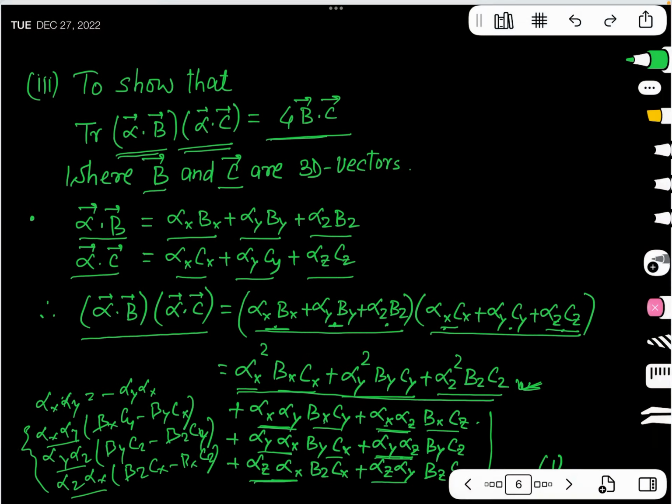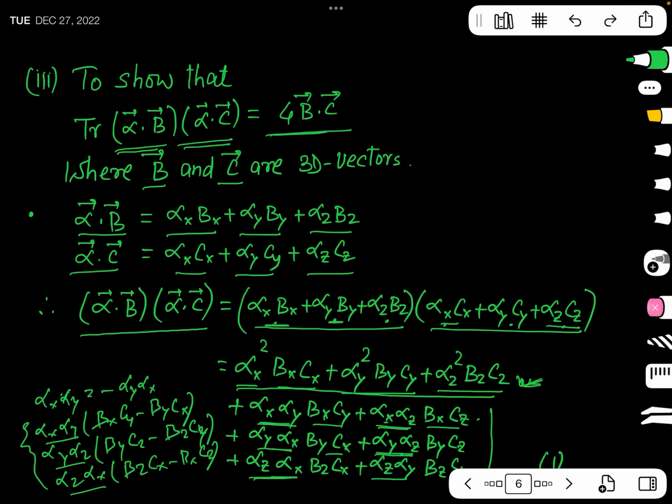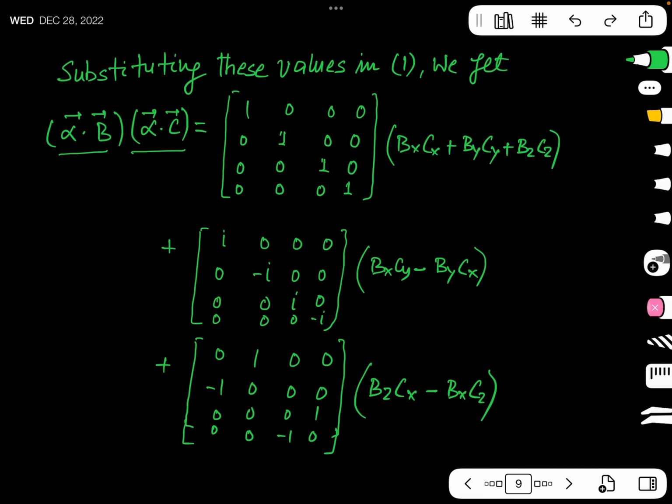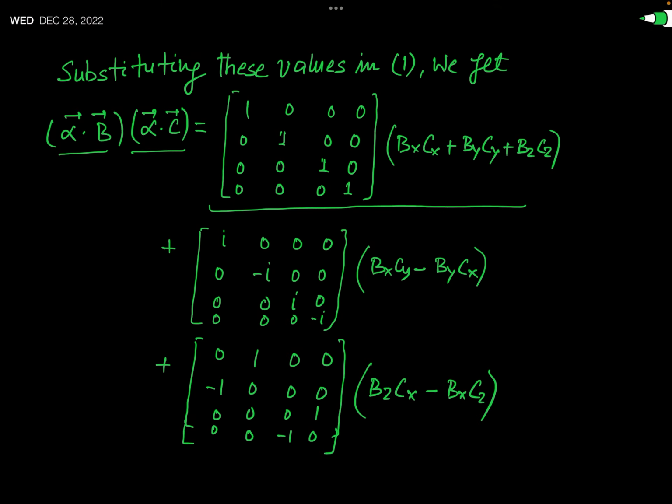Again the page has been turned. So just wait for a while. Okay, now see. What will be the first term in the RHS? It will be this matrix, which stands for alpha x square, alpha y square, alpha z square, times this much.